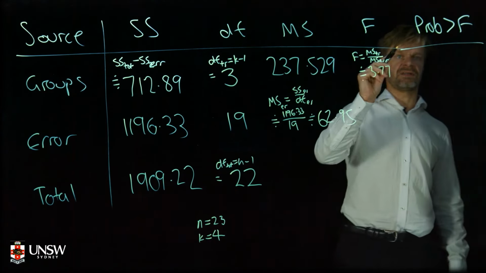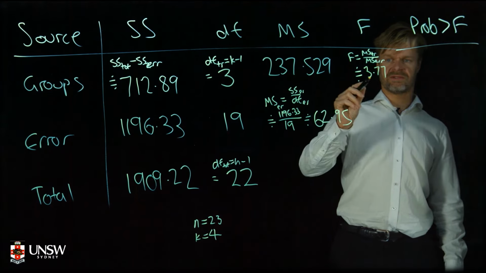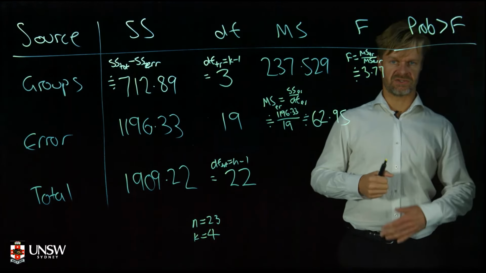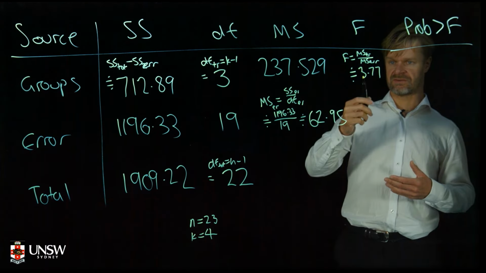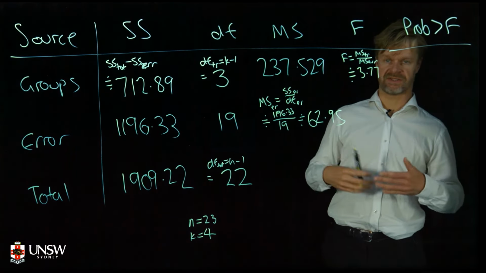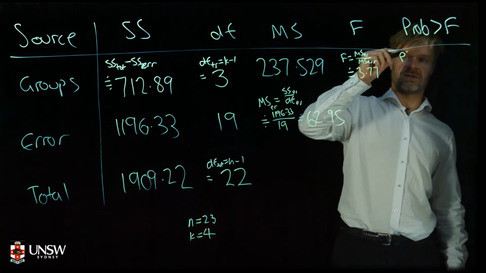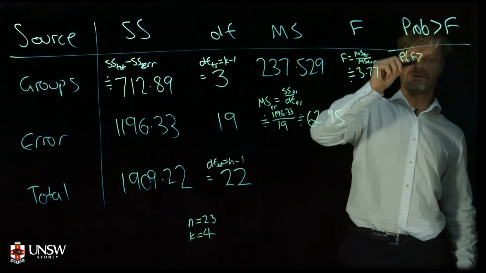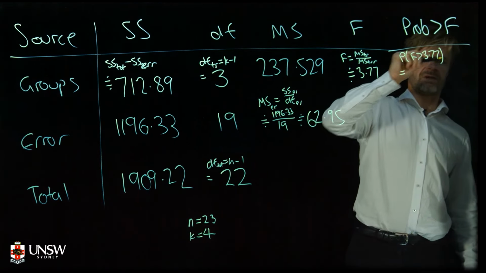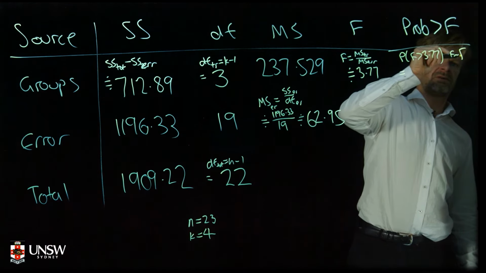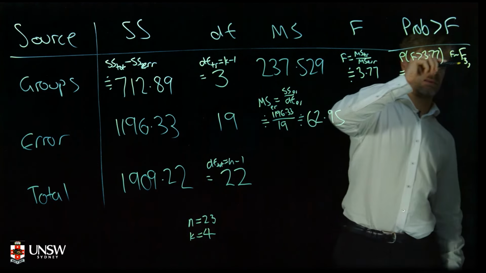And so what's the tail probability? What's the chance of getting bigger than this? Is it unusually large to get an estimate of the variance between groups that's 3.77 times larger than the estimate within groups? So we want to know what the chance is of getting bigger than 3.77, where F comes from a distribution with 3, 19 degrees of freedom.